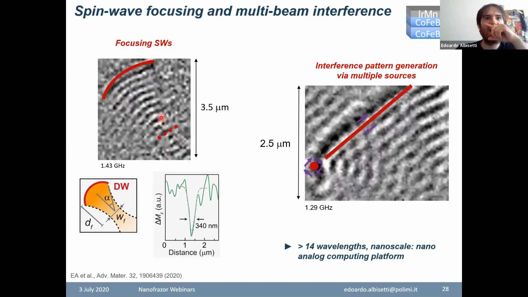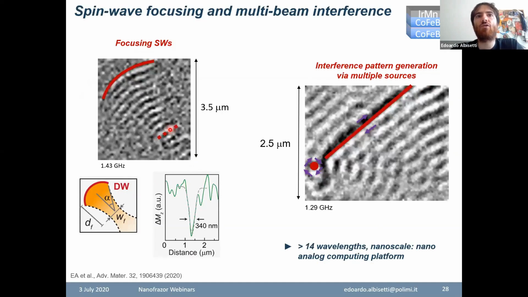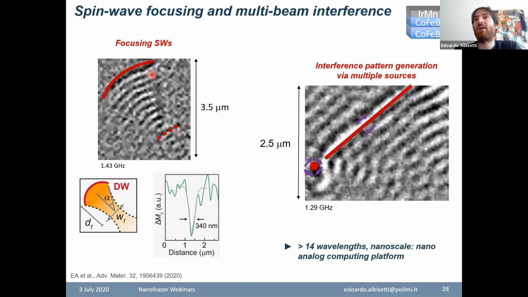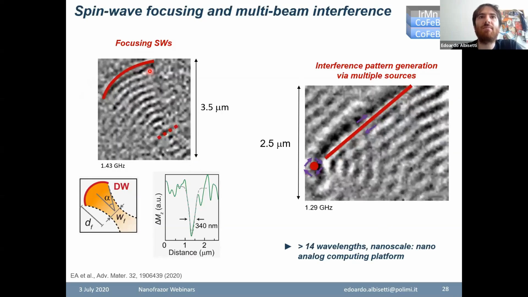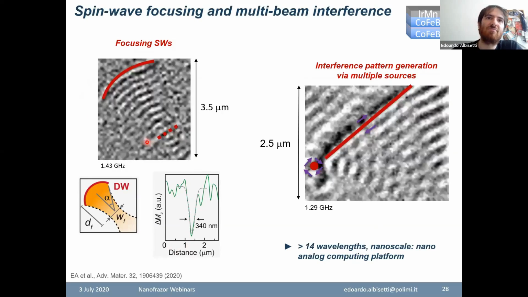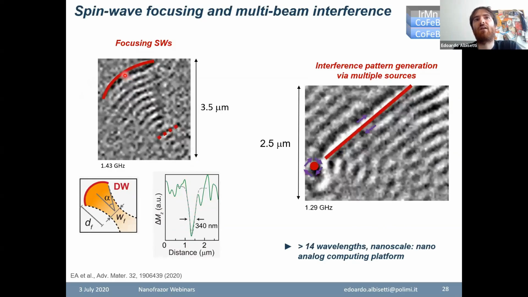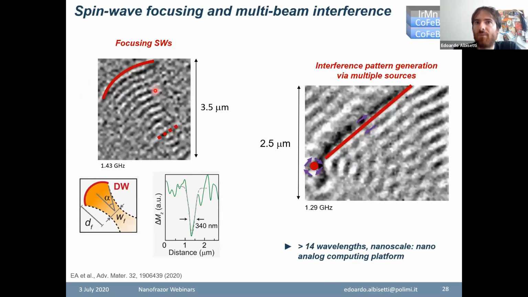And in this case, we showed that the focusing area is comparable to the wavelength. So we have a diffraction limited beam, with a focusing area of roughly 340 nanometers away from the antenna.